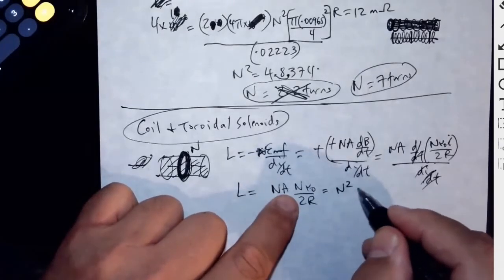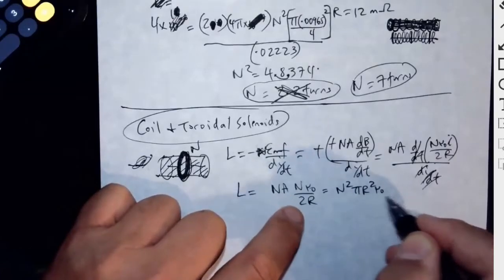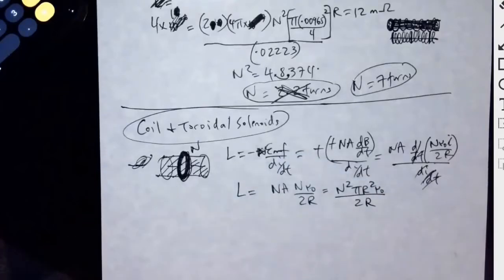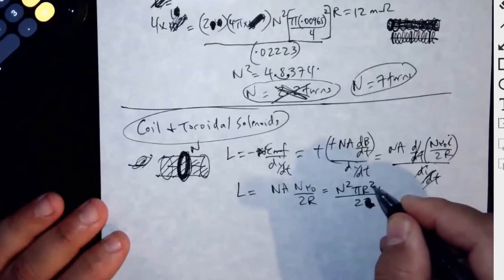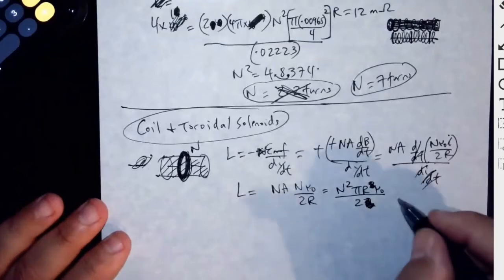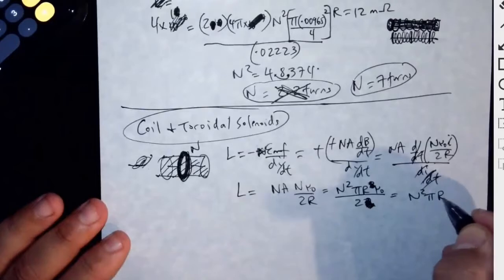So N squared pi R squared mu 0 over 2R. Okay, and then the R cancels the R, right? And then you have N squared pi R mu 0 over 2.